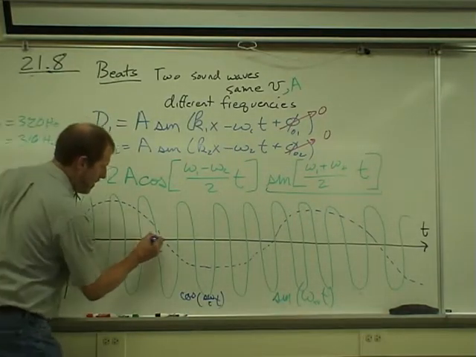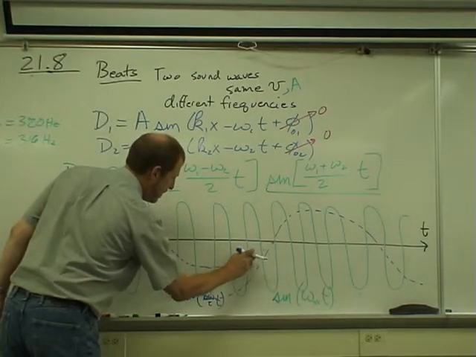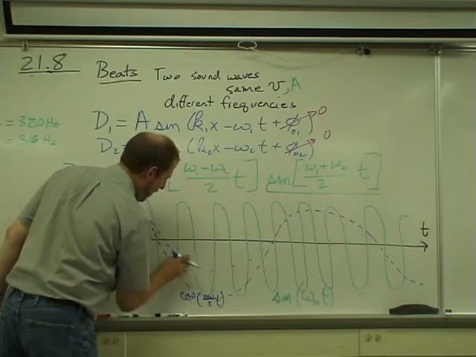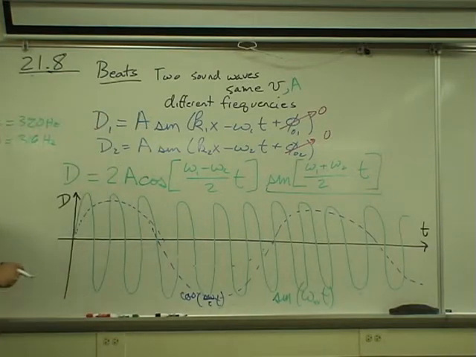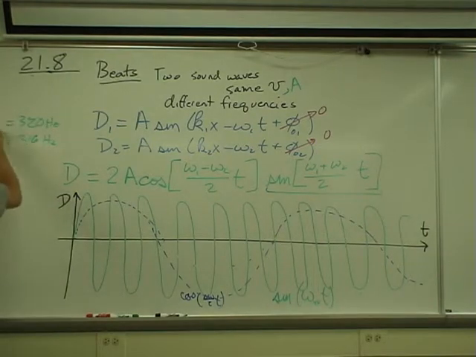I'll get some outer shell here, delta omega, or if I were to say f1, f2, and delta f would then be 4 hertz. That would be a much lower frequency, so a much longer wavelength.